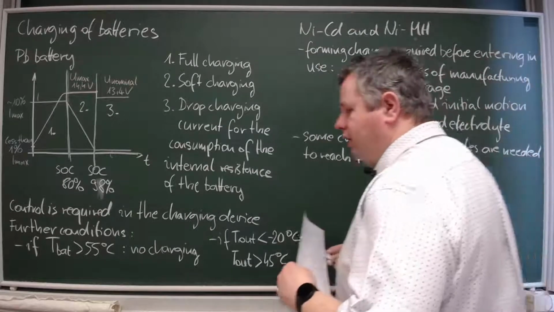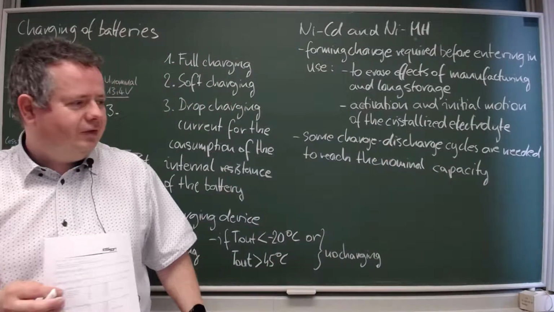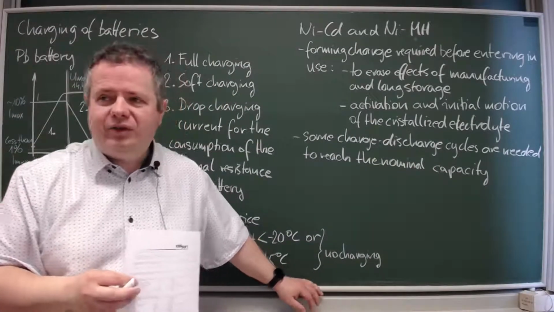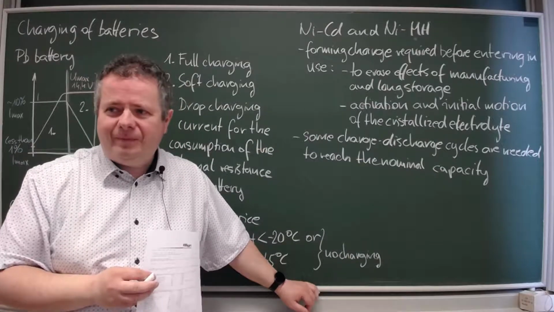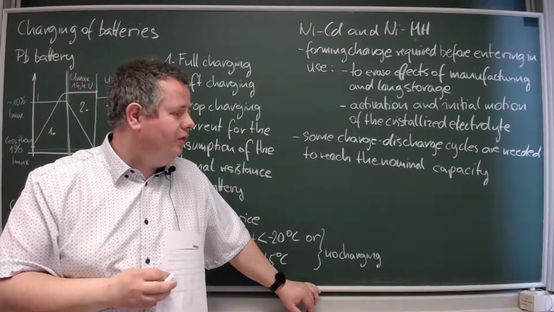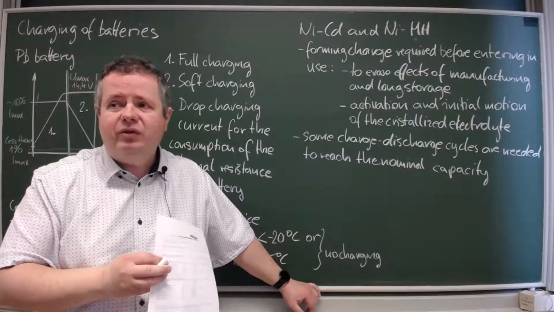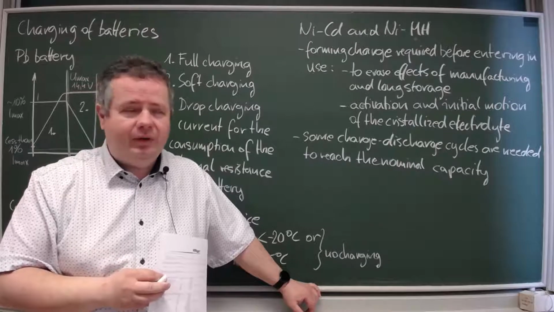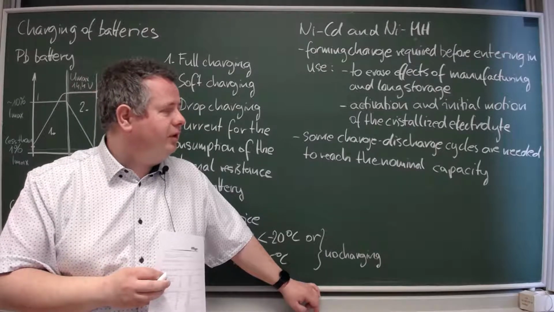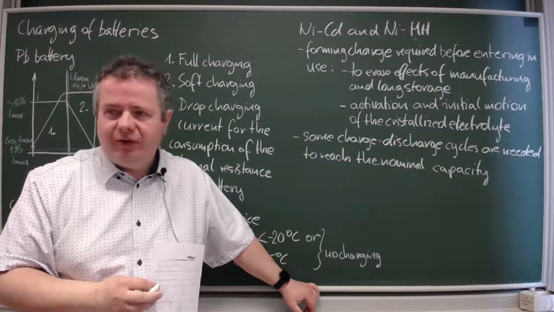So it's just like the breaking in of the vehicles, of the engines. We have to take care of the first charges and discharges. And then once it's in use and the normal conditions of use are applied to the device, then it can give its full capacity. Okay, these are sensitive batteries, but they were much better than the lead acid batteries.